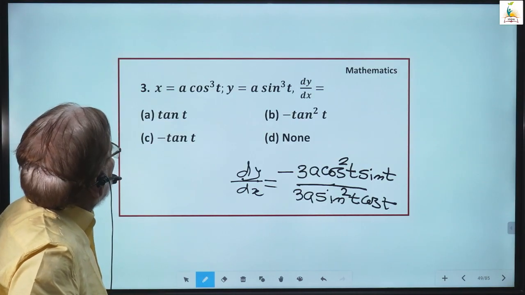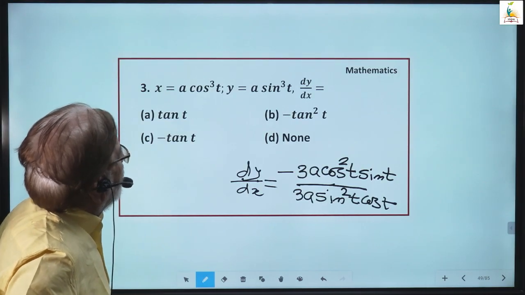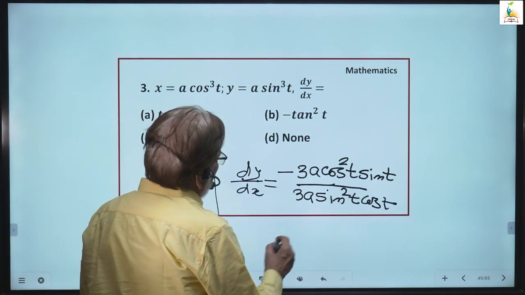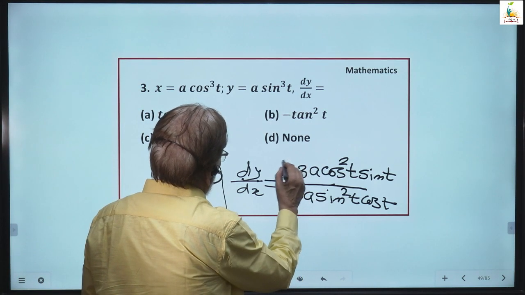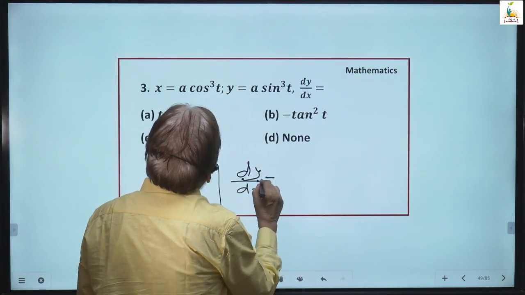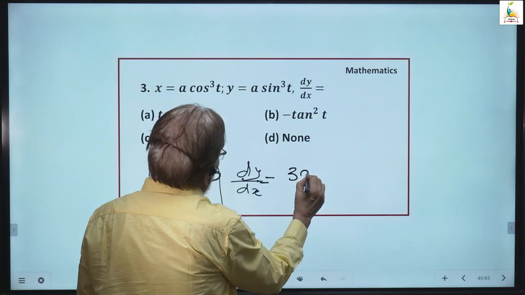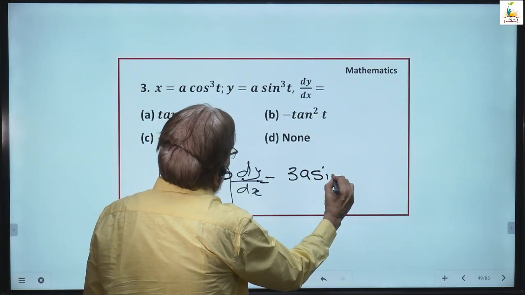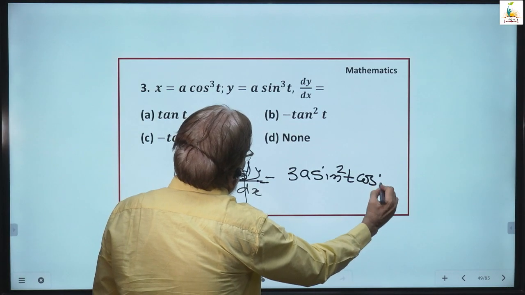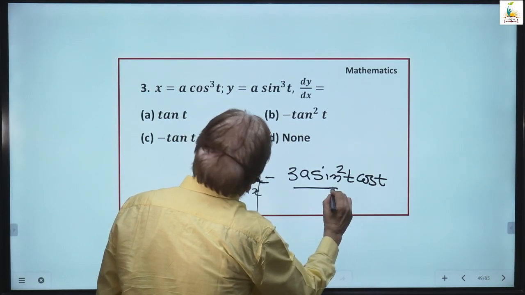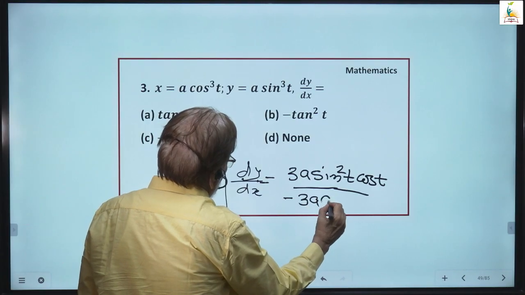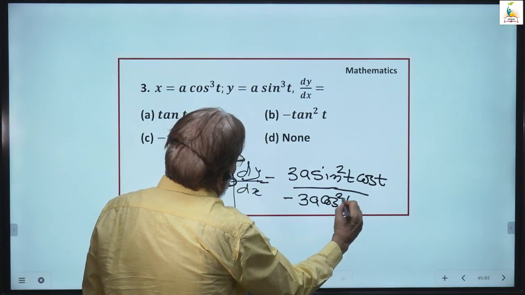The answer will be dy upon dt upon dx upon dt. I have written it wrong earlier: dy upon dt, 3a sin square t cos t, upon minus 3a cos square t sin t.